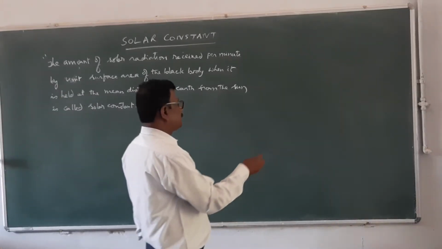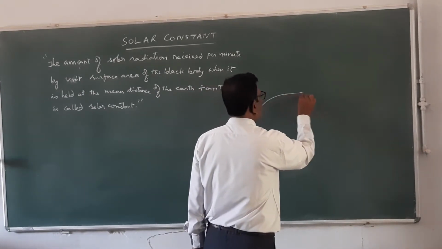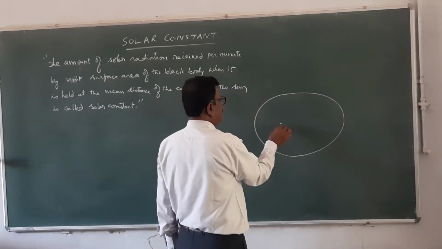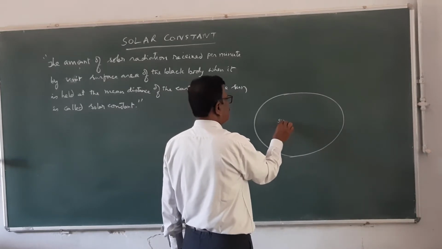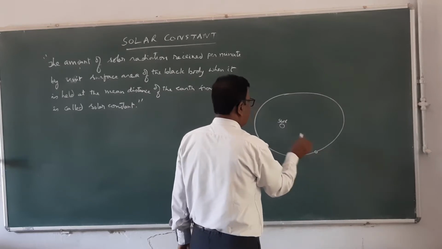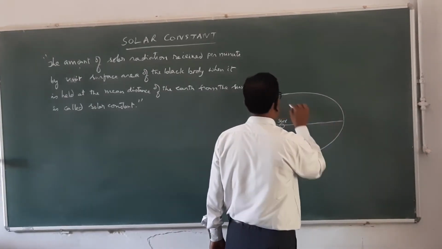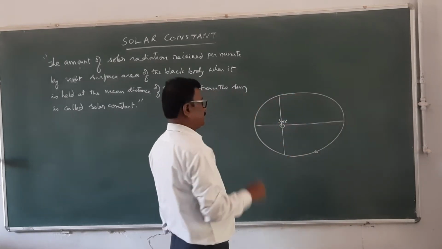Now, suppose this is the earth, revolving around the sun in an elliptical orbit with the sun at one of the foci. For this ellipse, we have a semi-major axis and a semi-minor axis.